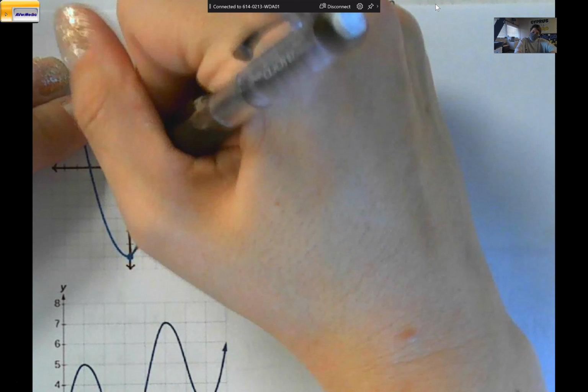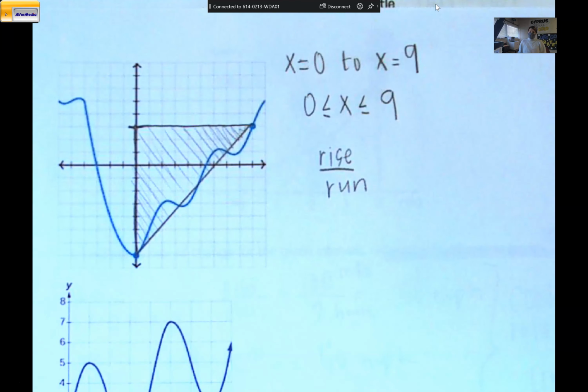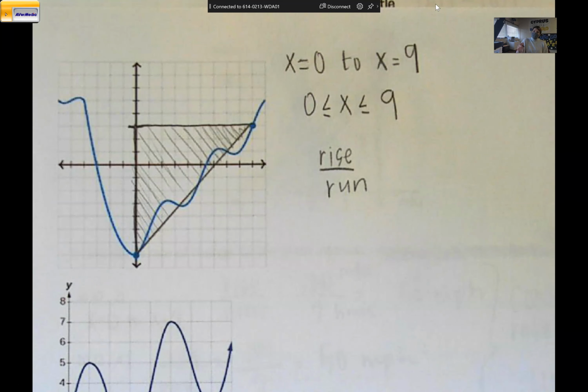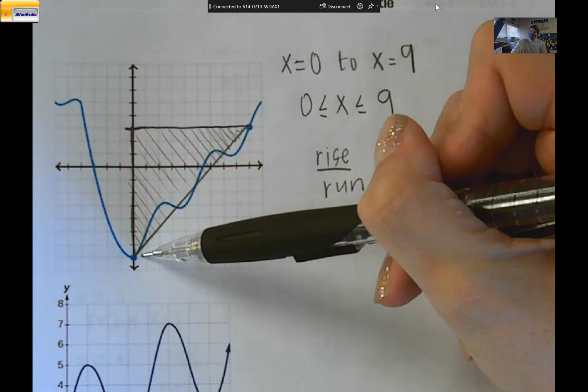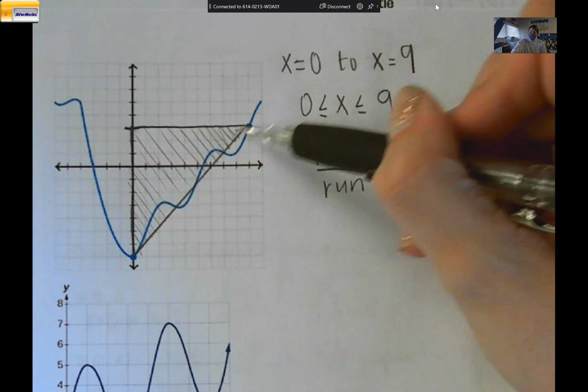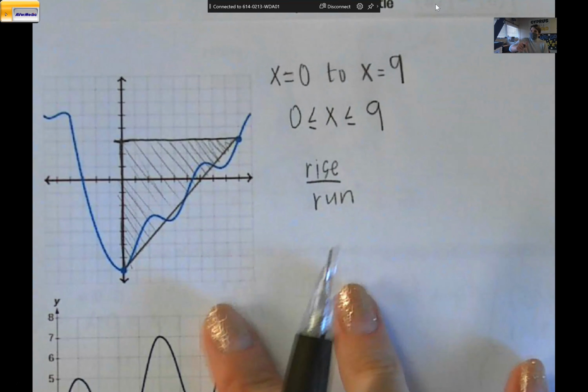Is that making a little bit of sense? So let me connect them with this triangle. This is the rise and the run that we're using. So this part of the triangle is your rise. This part is your run. So I am just going to count them.